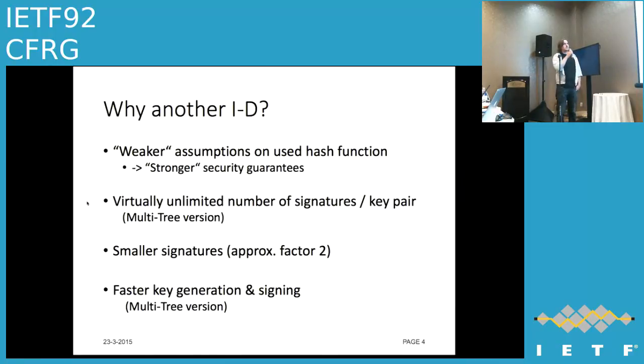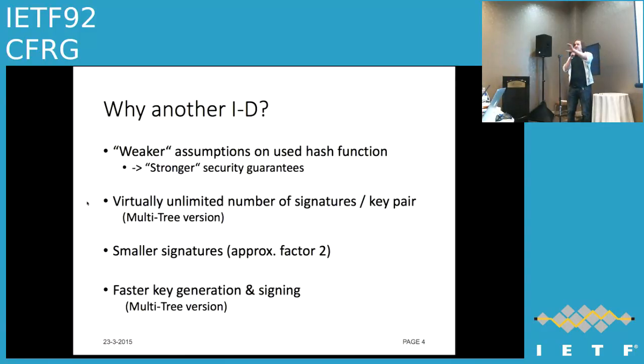The scheme that we specify makes weaker assumptions on the used hash function, which means we've got stronger security guarantees. Especially, we do not require the used hash function to be collision resistant. That means we also do not have to deal with birthday attacks, and hence we get smaller signatures, roughly a factor of 2. We can handle a virtually unlimited number of signatures per key pair.